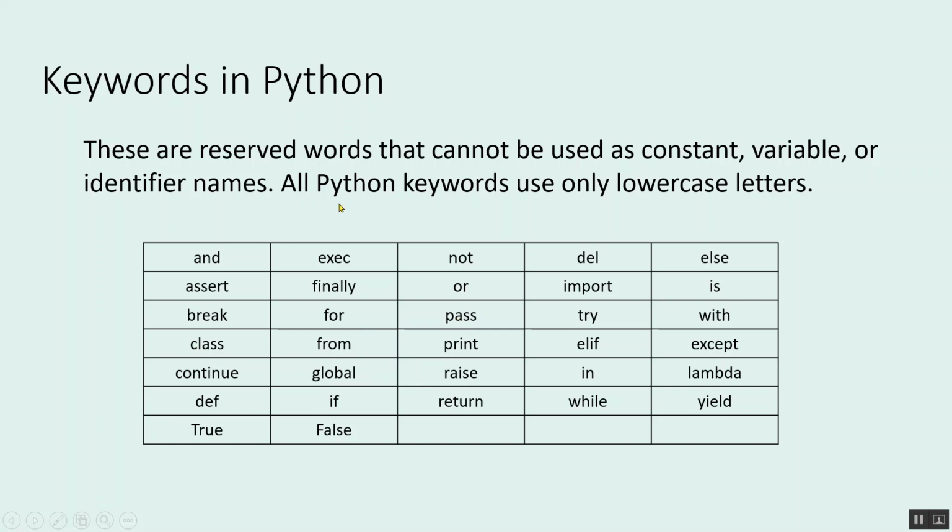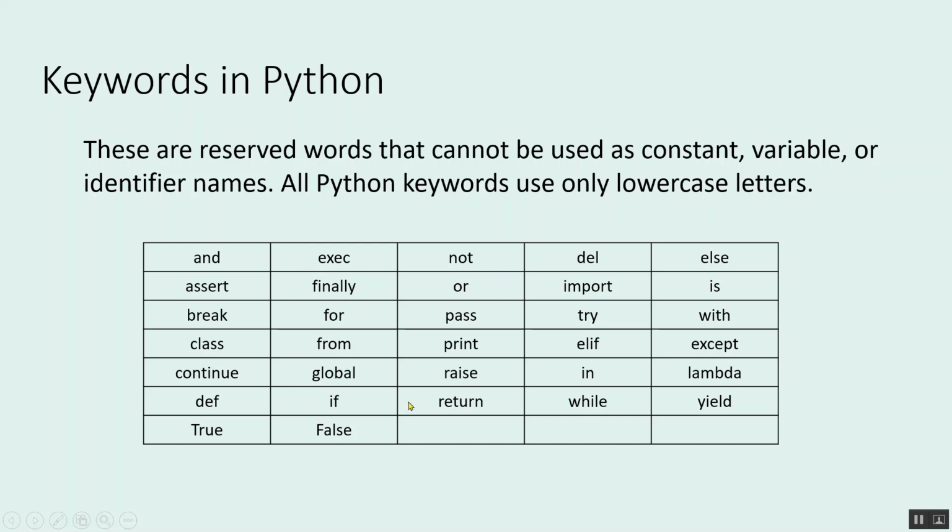When we say reserved word, it means that these are words that cannot be used as a name of a variable or even an identifier name. This means that these keywords hold a special meaning and cannot be used as a variable. So you cannot use not or and as a variable, because they have their own meaning.